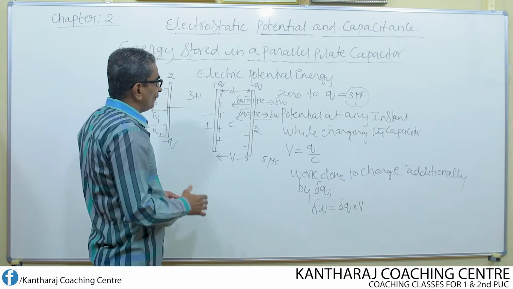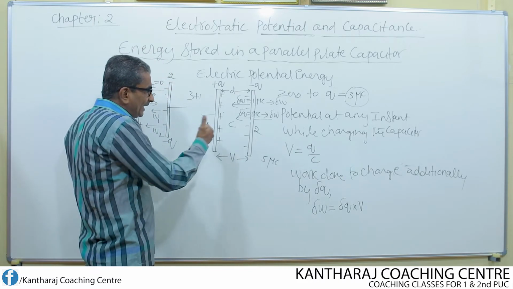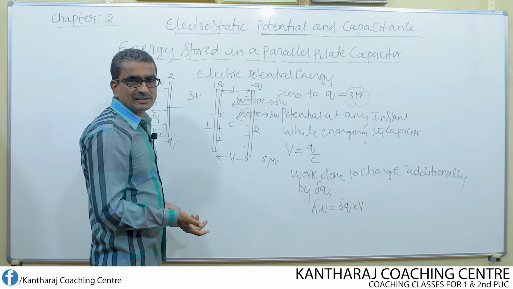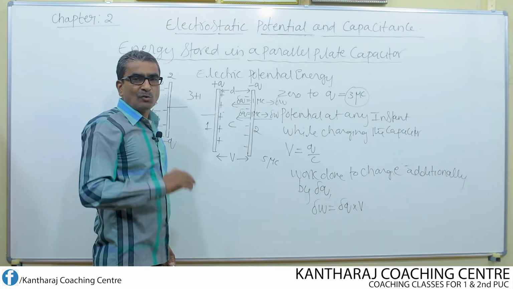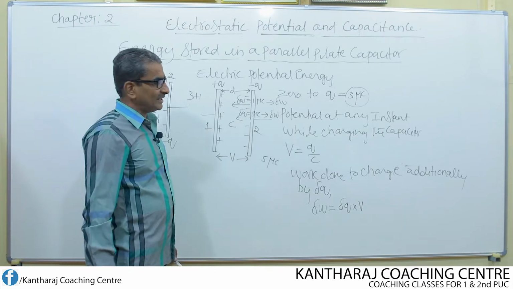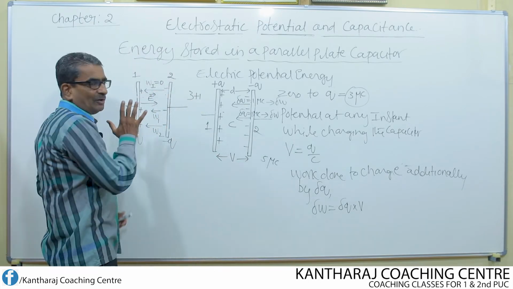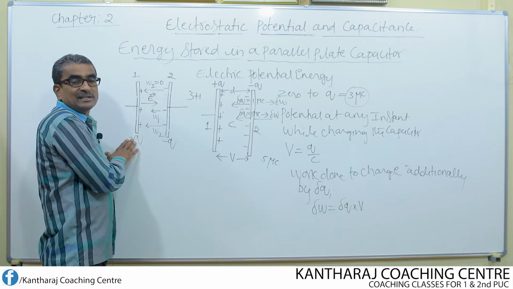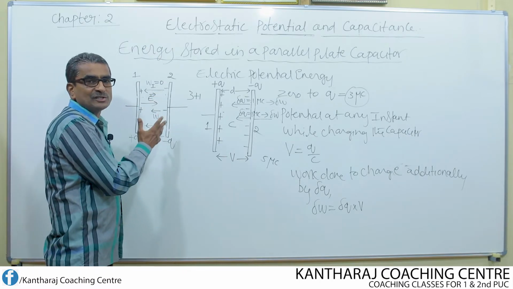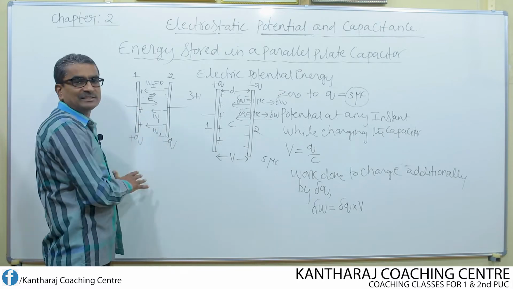So finally, if any capacitor is to be charged from 0 to Q coulombs, what should be the total work done? In the first case, I have explained how the capacitor is charged and how the potential energy appears in a capacitor.